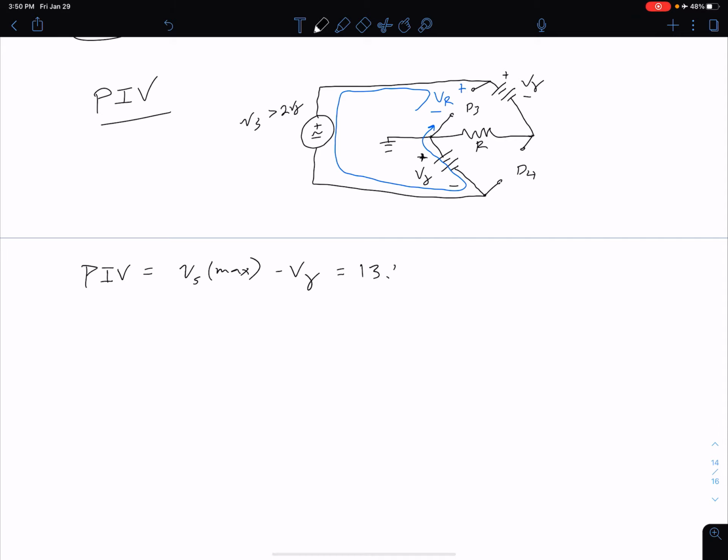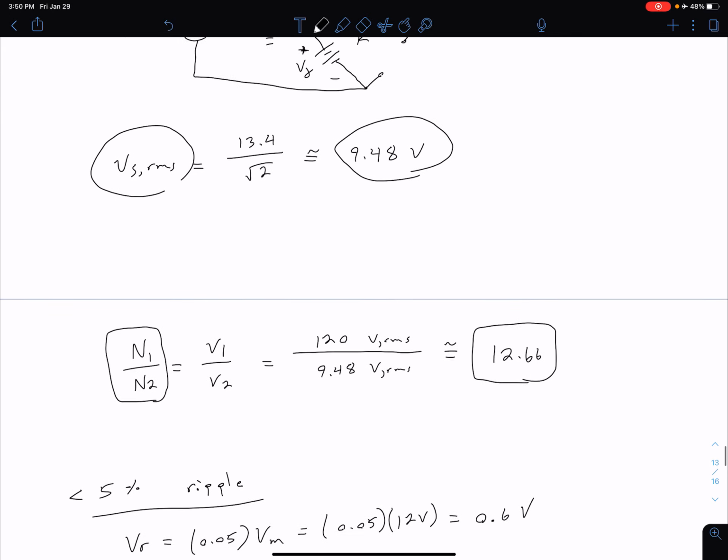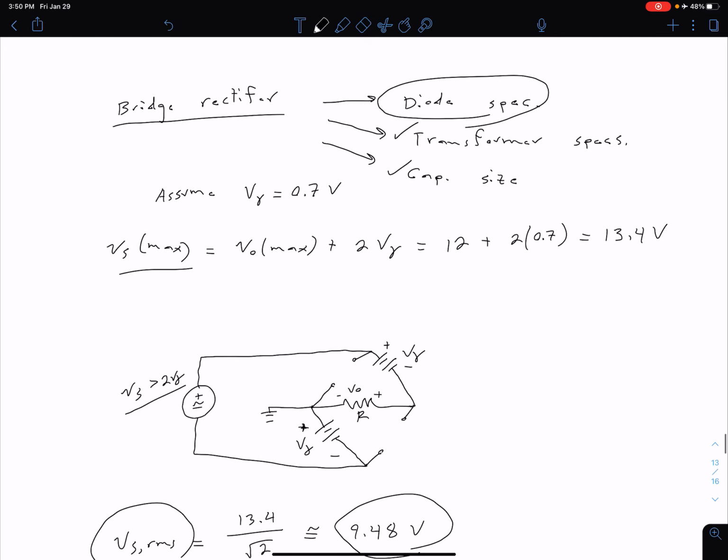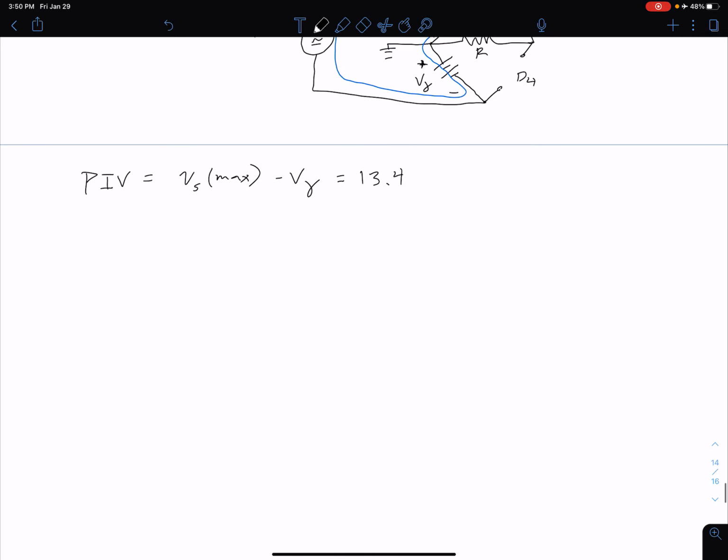So that is 13.4, because remember we had found that this maximum value corresponding to our desired 12 volt output was 13.4 on the secondary side of the transformer. So we have 13.4 minus our assumed V gamma of 0.7, which gives us 12.7 volts.